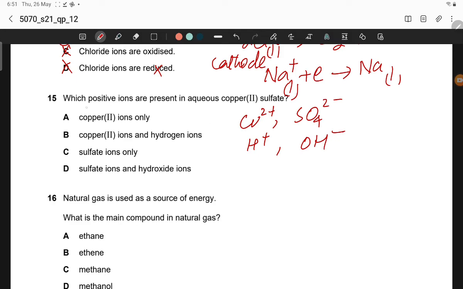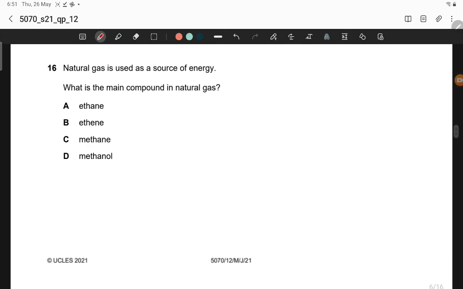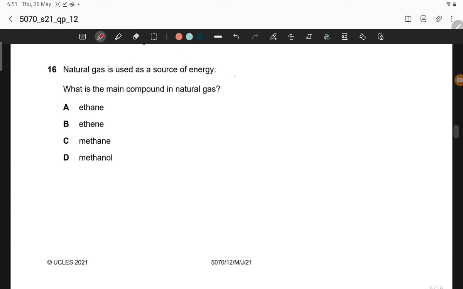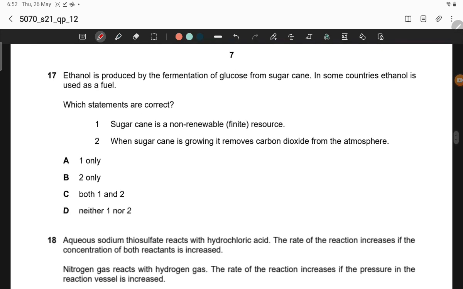So copper ions alone is incorrect, copper ions and hydrogen ions are the correct option. Natural gas is used as a source of energy. What is the main compound in the natural gas? Main compound in natural gas is methane. So C option is correct.